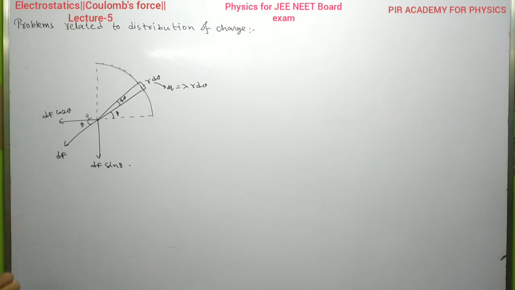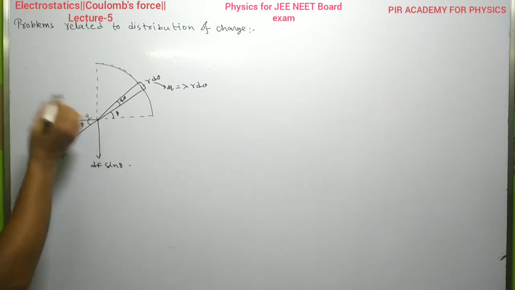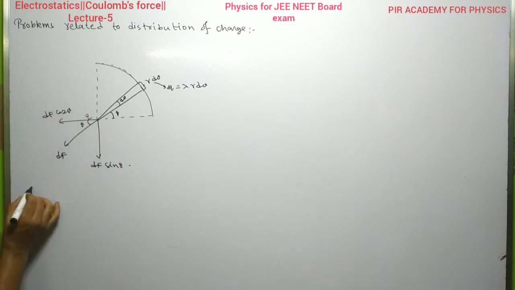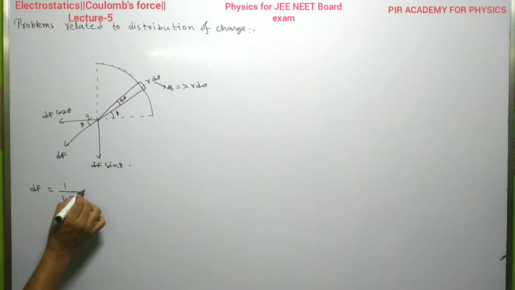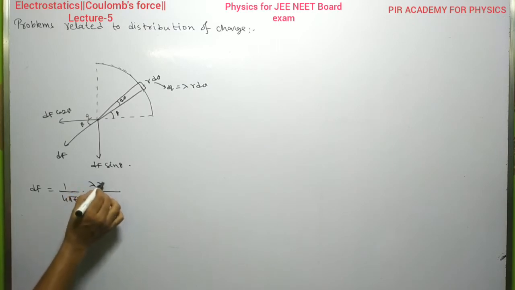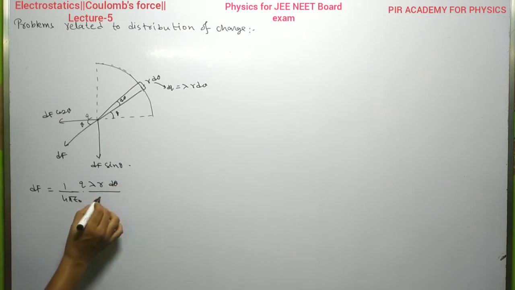So you have to find out the cos component and the sine component in this configuration. So dF will be 1 by 4 pi epsilon naught into q lambda r dθ by r square.